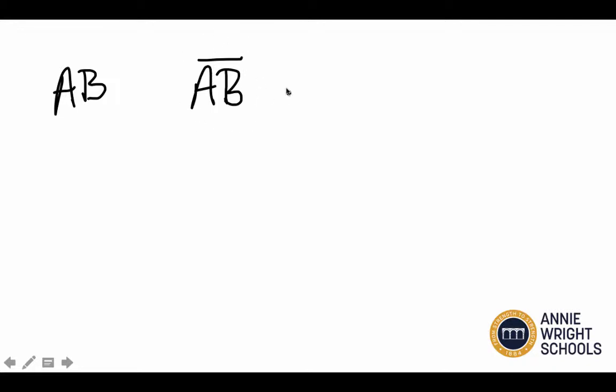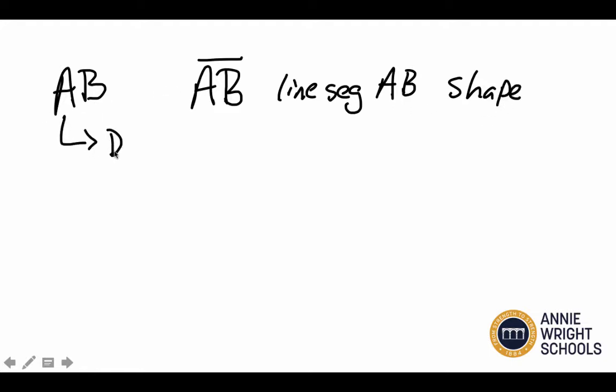This means line segment AB, and that is a shape. When we write AB, we are talking about the distance between 2 points. And when we talk about a distance, we're talking about a number.